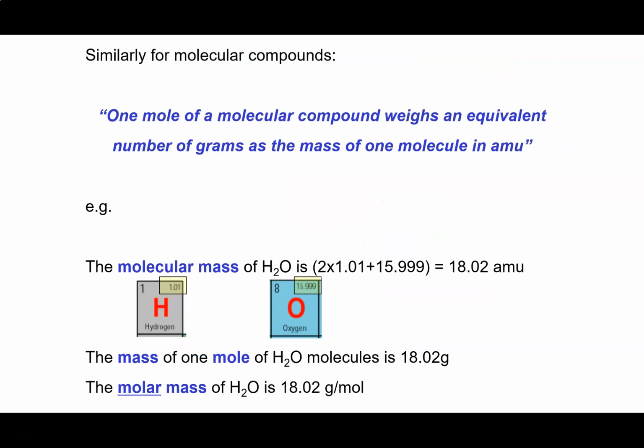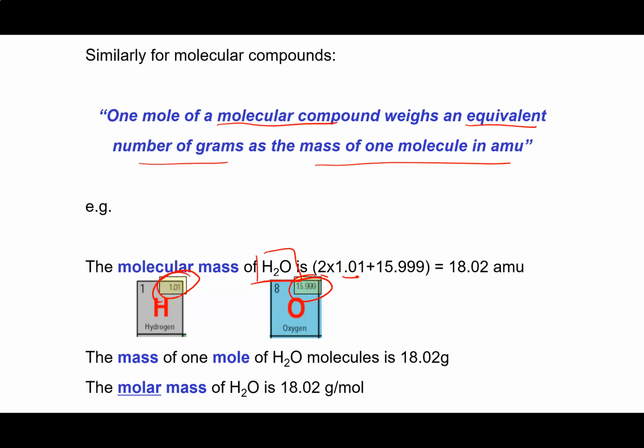So 1 mole of a molecular compound weighs an equivalent number of grams as the mass of one molecule in AMU. So all we have to do to get the molar mass of stuff is just grab the masses of the atoms that are present in our molecule from the periodic table and then sum them together in the correct proportion. So for water, we need 2 hydrogen atoms.